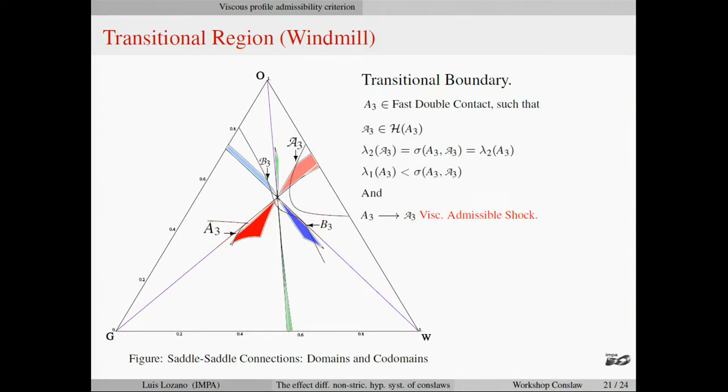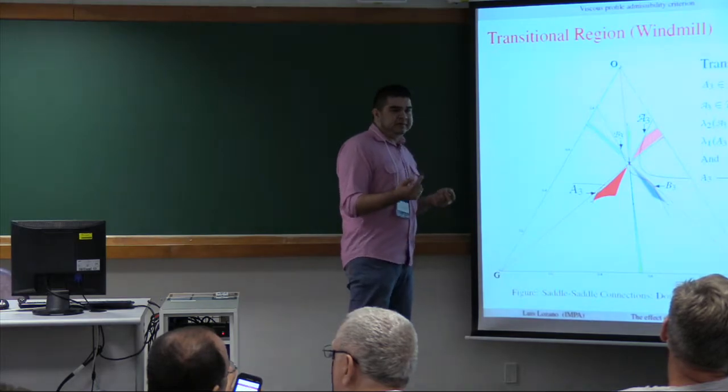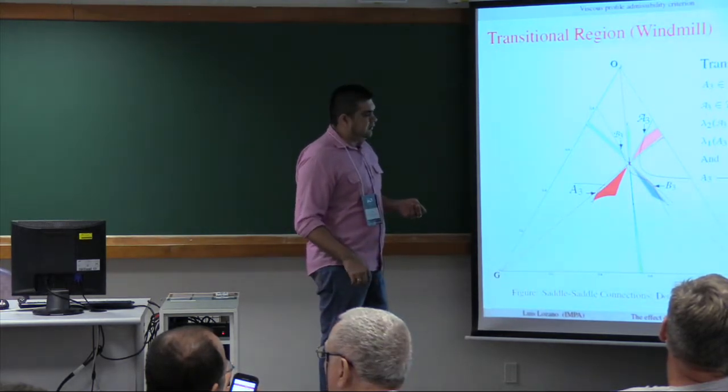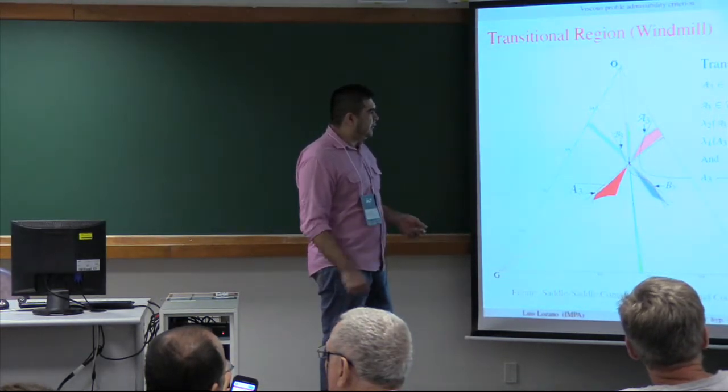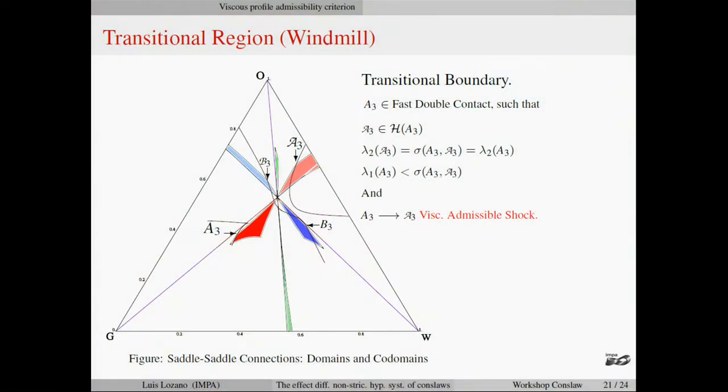This one is more difficult because we need to know the form of the fast double contact, where you have a double sonic shock, with the two characteristic speeds equal to the shock speed.